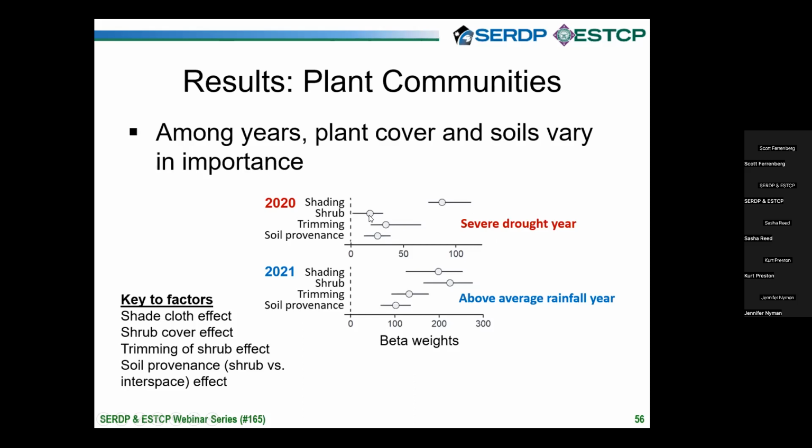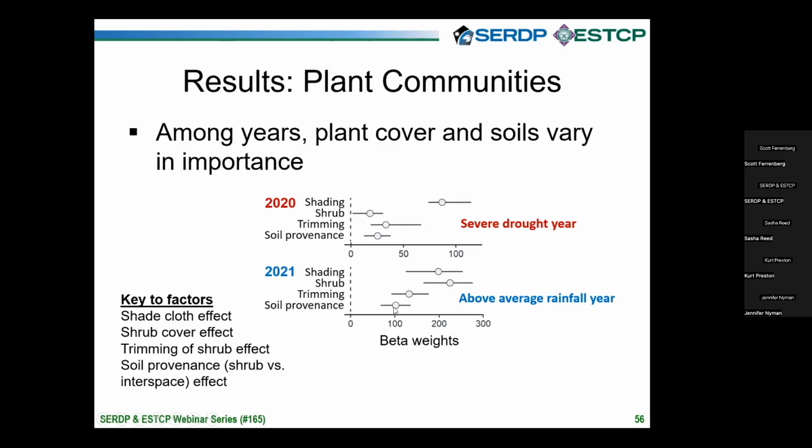But luckily we kept doing this for multiple years. Because as soon as we added some resource to the system, like Sasha pointed out with those multiple peaked diagrams, we suddenly had the combination of soils and water together. And we see that shading and shrubs just boom with vegetation. Being in that soil without the shrub is still good for you because that soil is more fertile than out in the open.